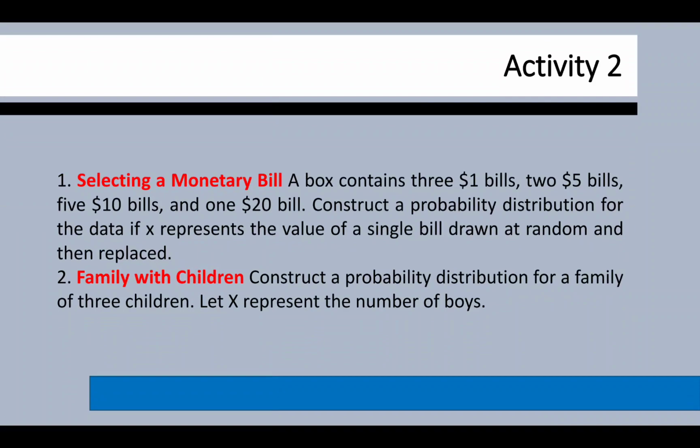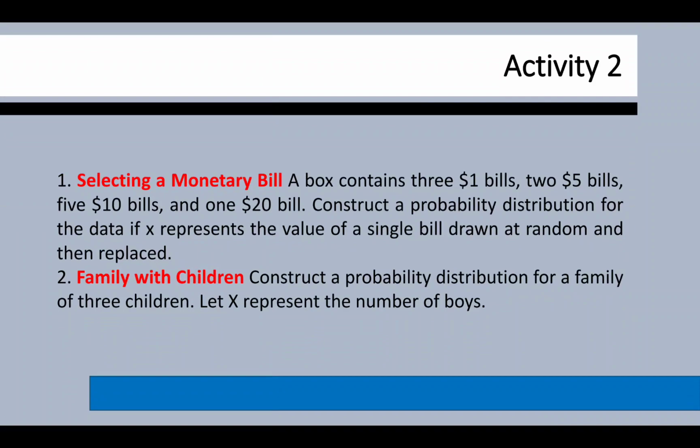Construct a probability distribution for the data if X represents the value of a single bill drawn at random and then replaced. Like our last example, you just count the possible combinations. Don't list how many times they happen, since only what is in the box is needed. Second, family with children: construct a probability distribution for a family with 3 children, where X represents the number of boys. Again, you just count the box. Number 1 is a single bill only, so it is very easy.